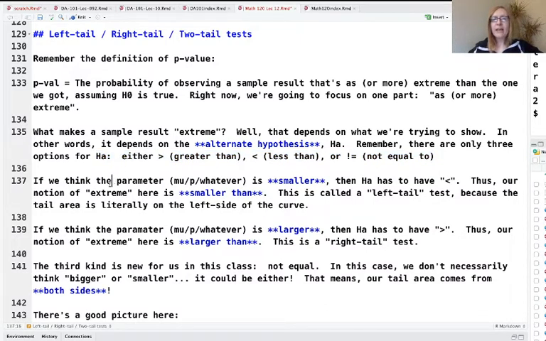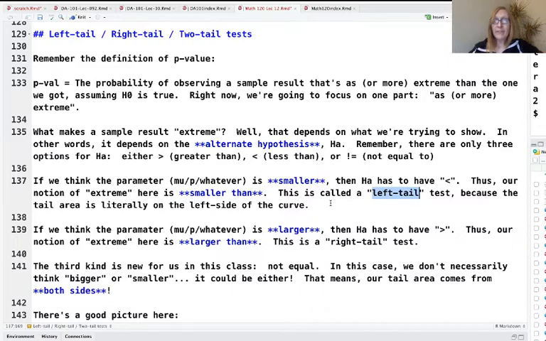If we think the parameter in question is smaller than the status quo, then we've got less than in our alternate hypothesis. And that means we're looking at the left tail. Our notion of extreme in that case is small.